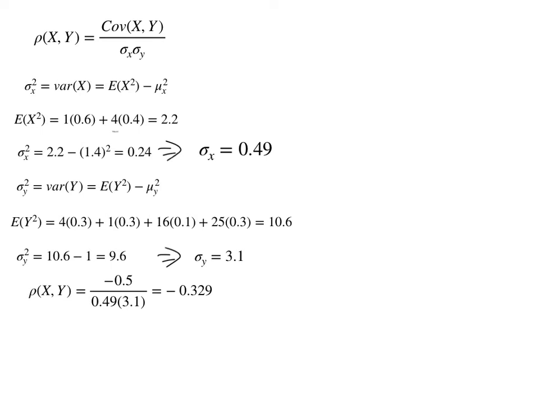So sigma x squared will be 2.2 minus 1.4 whole square, that's equal to 0.24, and this sigma x is 0.49. Similarly, we get sigma y as 3.1. Therefore, the correlation is minus 0.5 divided by 0.49 into 3.1, that's equal to minus 0.329. That is, the correlation is in the negative direction.